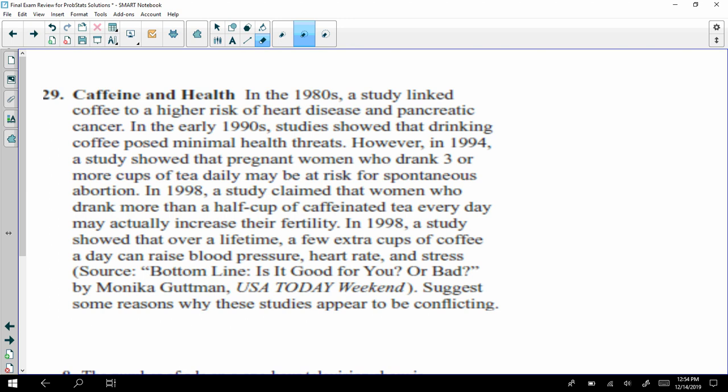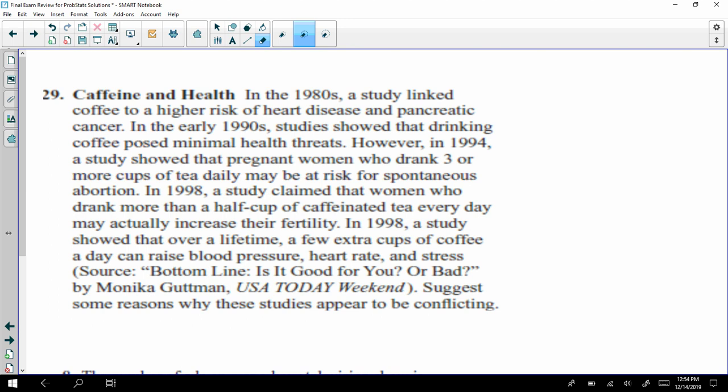In the 1980s, a study linked coffee to a higher risk of heart disease and pancreatic cancer. In the early 1990s, studies showed that drinking coffee posed minimal health threats. However, in 1994, a study showed that pregnant women who drank 3 or more cups of tea daily may be at risk for spontaneous abortion.